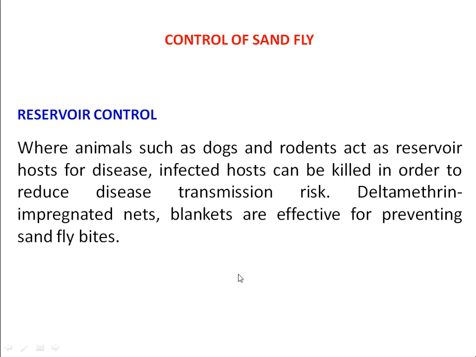The reservoir control is another important step, where animals such as dogs and rodents act as reservoirs for the phlebotomine flies. The infected reservoir host can be killed in order to reduce the disease transmission risk.